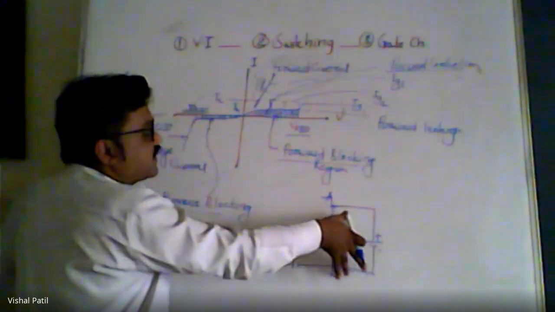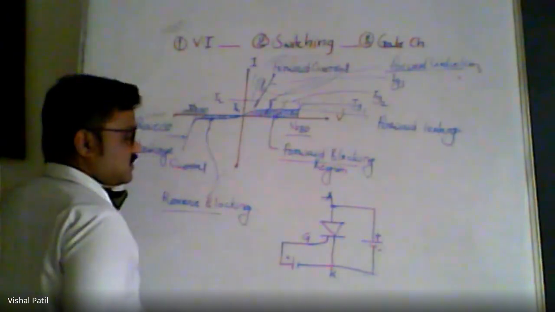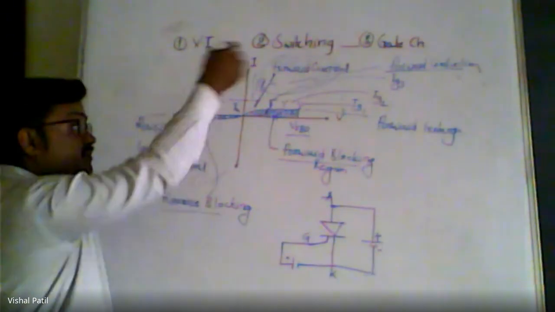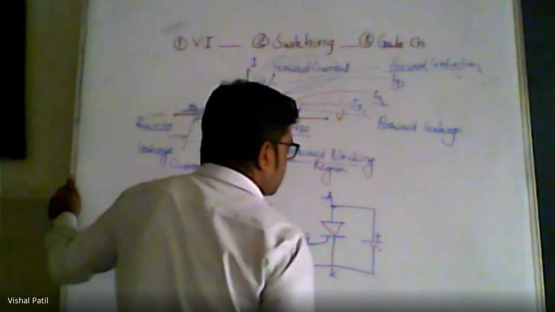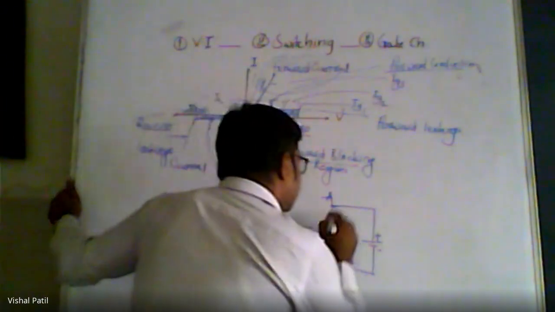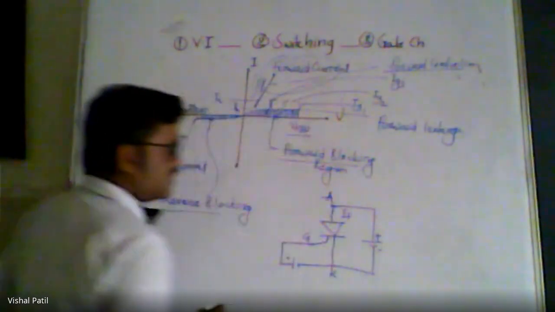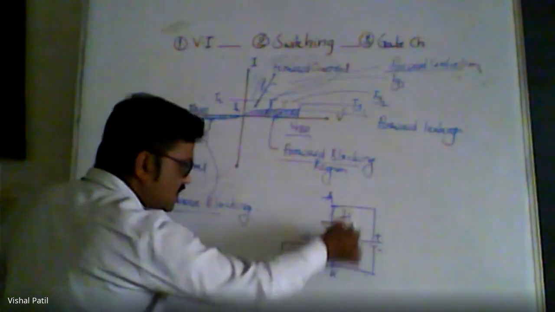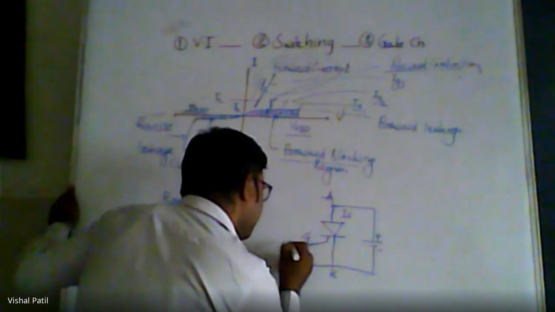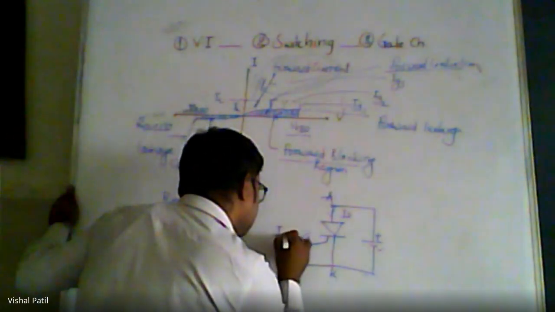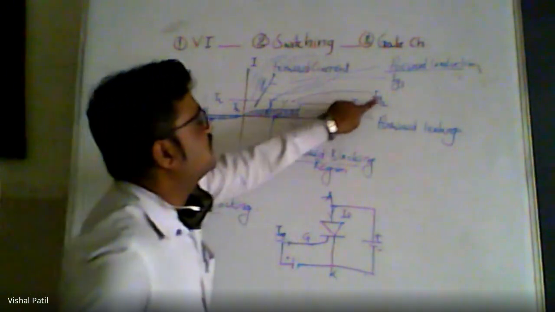We have connected the thyristor in such a way that it is in forward bias, because of which we get these characteristics. What is important is this is the forward current, IF, the current through the device from anode to cathode. This current is the gate current, IG, and here IG1, IG2, IG3.